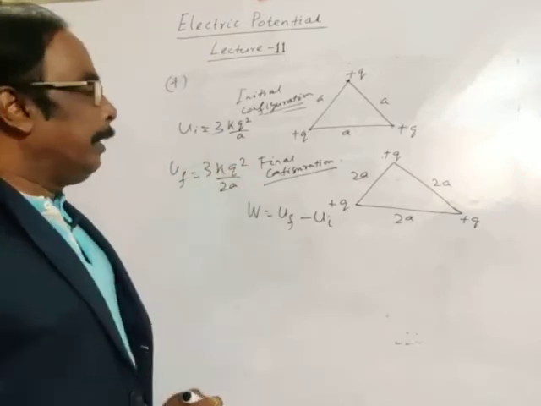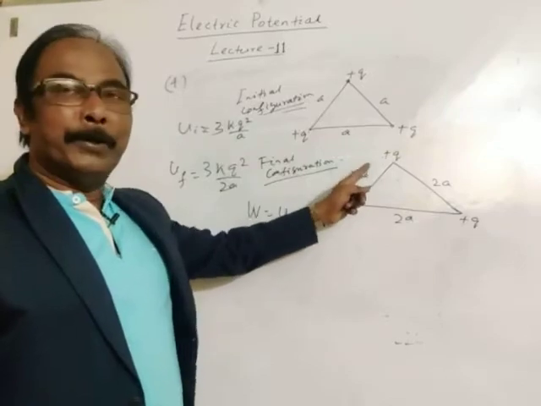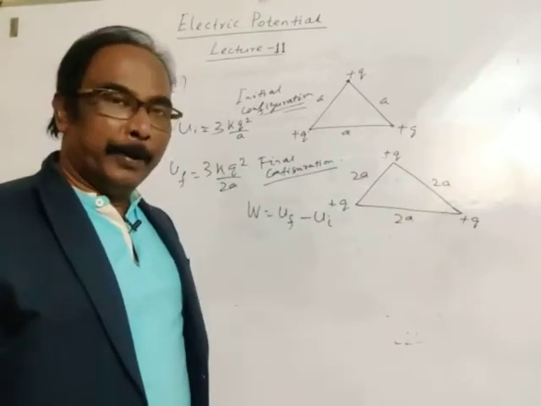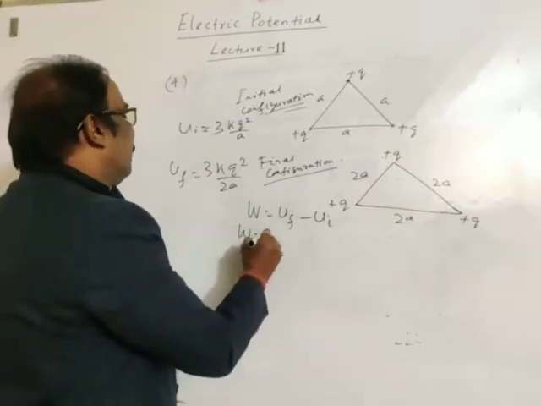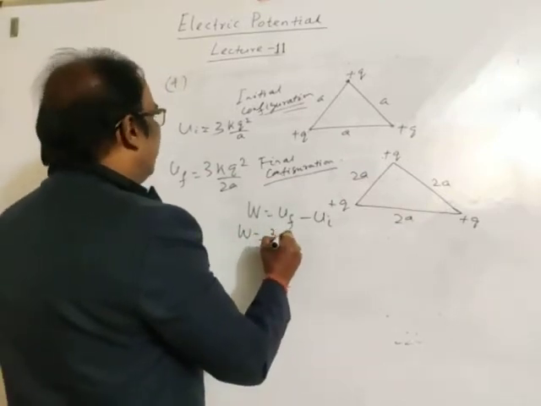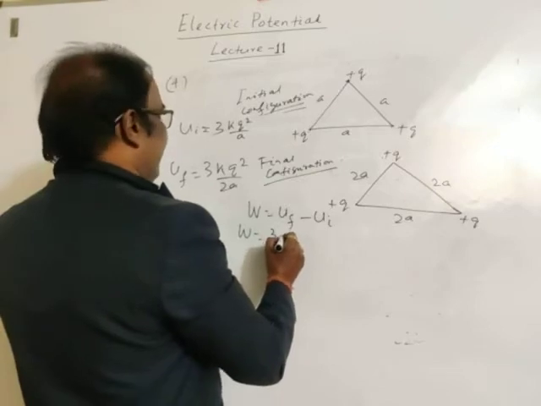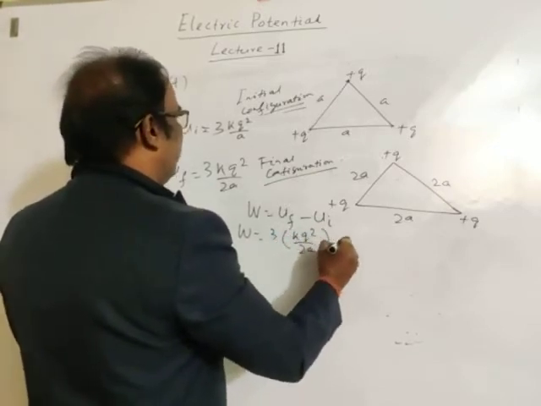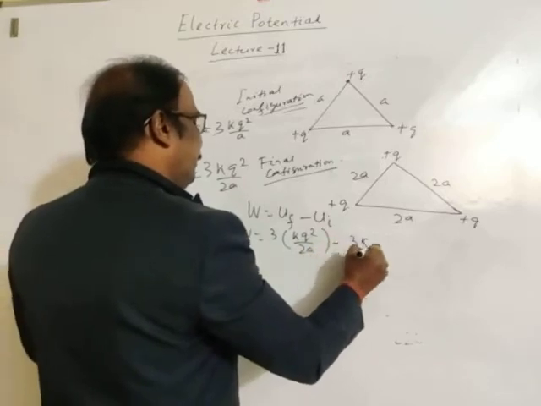3 kq square by 2A. kq into q by 2A, three times. Okay. Now what? Final potential energy 3 into kq square by 2A minus 3.